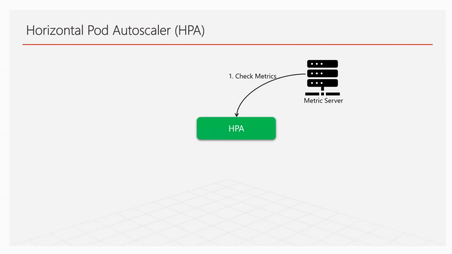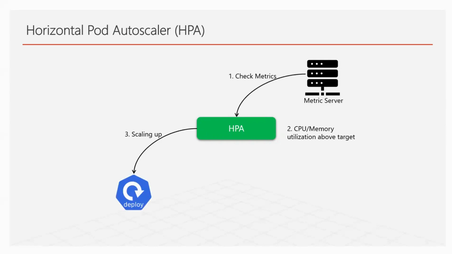It checks the metrics and compares them with how much CPU and memory you defined. It checks in a loop, and if it identifies a high spike on CPU or memory, it immediately triggers scaling up of your deployment, stateful set, or replica controller.